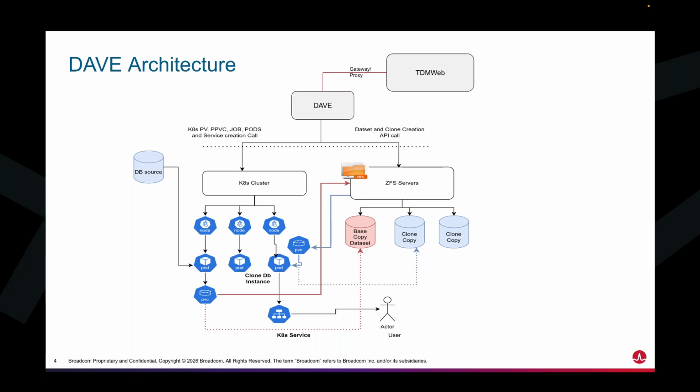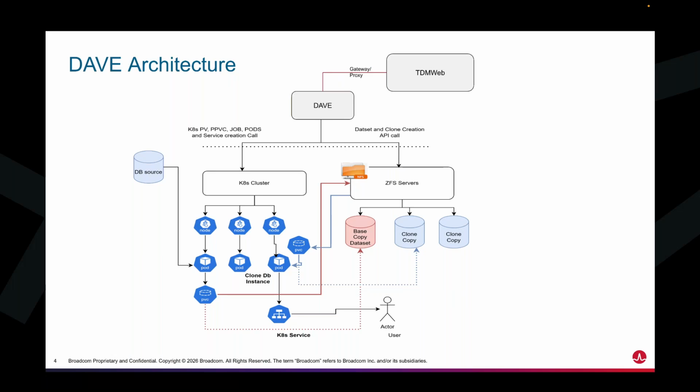And Dave is basically based on two different sections. One we call compute, and one is the database or storage. In Dave we have the Dave service, which is orchestrating everything, like the JFS agent and the communication from the Test Data Manager UI.